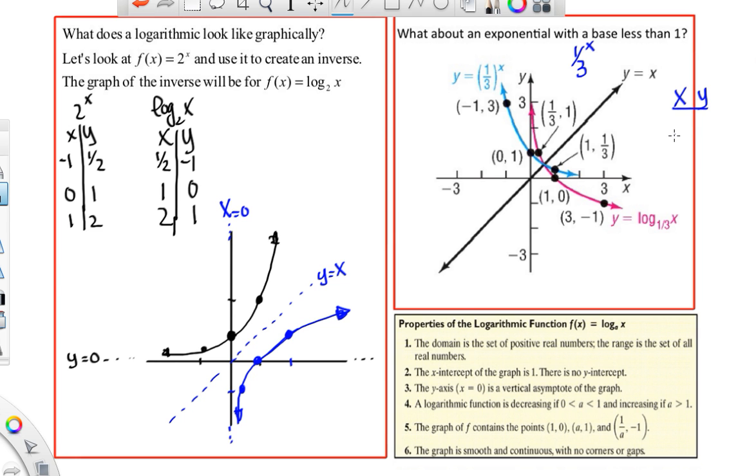So let's see, at a negative 1 you would get your 3, at 0 you'd still be at 1, and at 1 you'd be 1/3. So all this flip-flops. Now that does mean that you get a little intersection right there, where both the x and the y are the same. So these do work. I struggle with these a little bit, to be honest with you. I have trouble with inverses graphically a little bit.